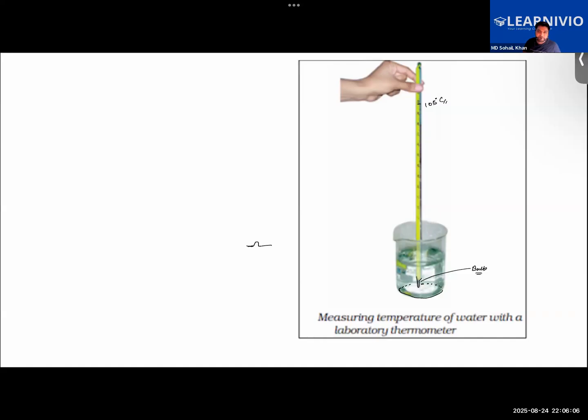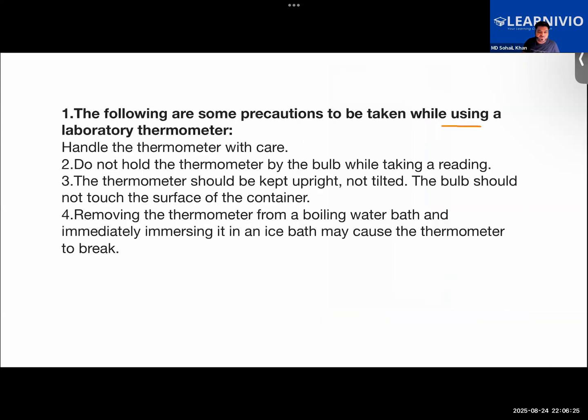Sometimes alcohol can be used. Tell me, sir, how much temperature is there in the laboratory thermometer? From minus 10 to 110 degrees Celsius. Okay, now that is the range of it. Getting it?